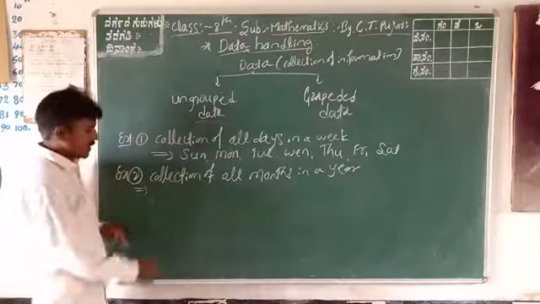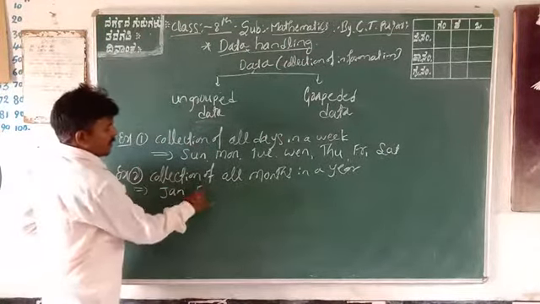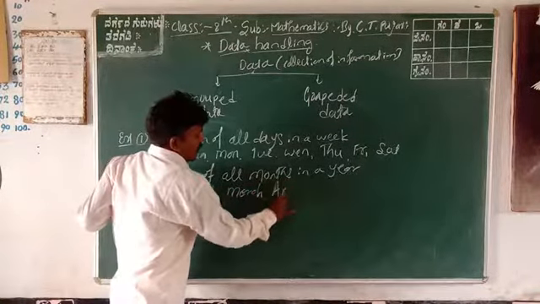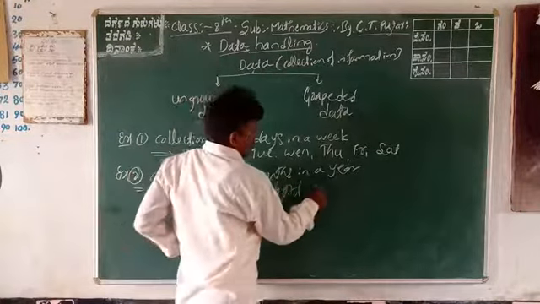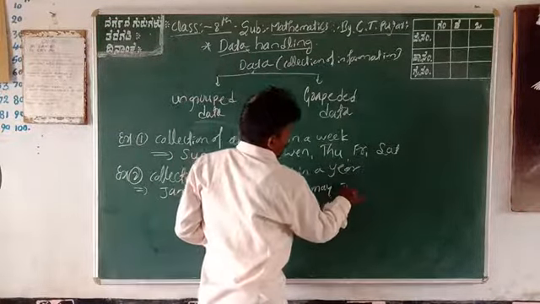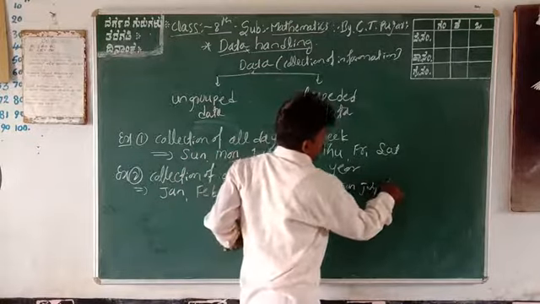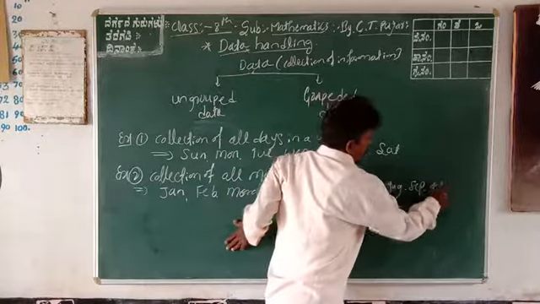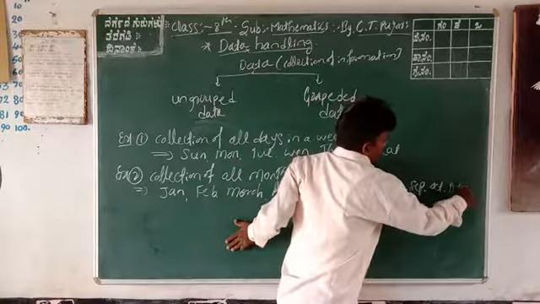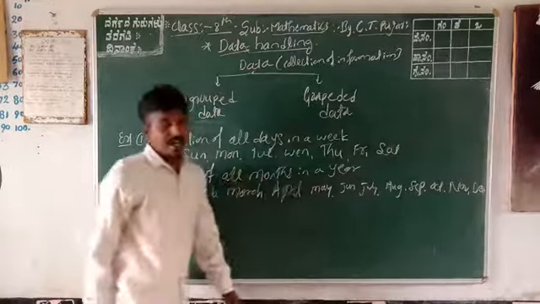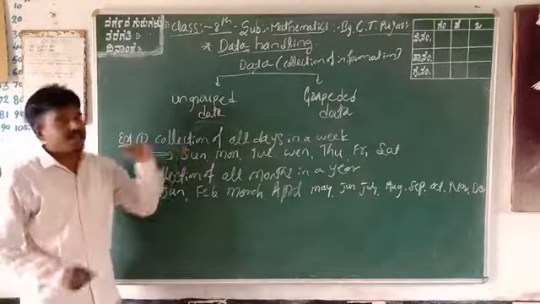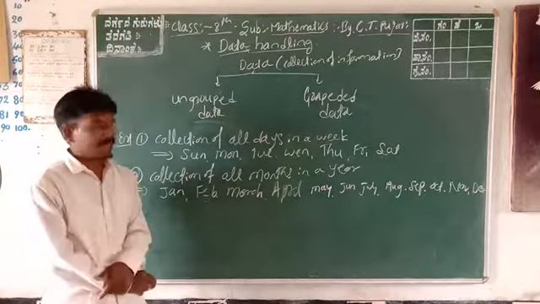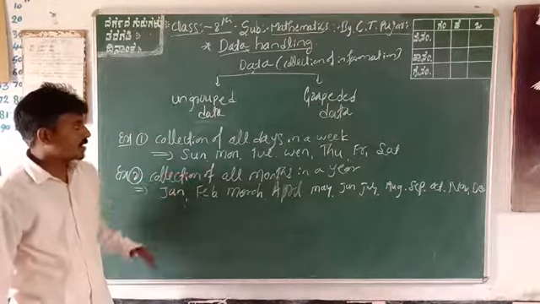Only 12 months: January, February, March, April, May, June, July, August, September, October, November, December. These are all 12 months. These all are independent. This is not grouped data. These are ungrouped data.